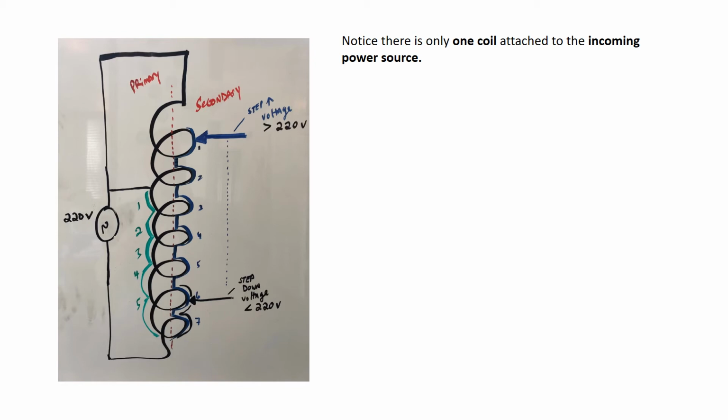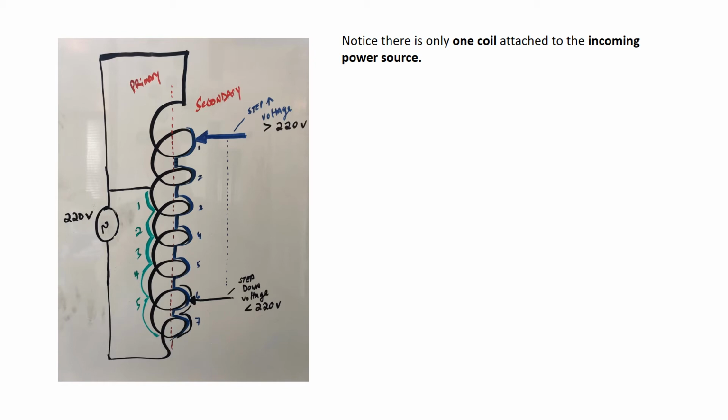Now, if I look on the other side of the coil, the primary side, I only have 5 coils tapped off. So 5 coils on the primary, 7 coils on the secondary.